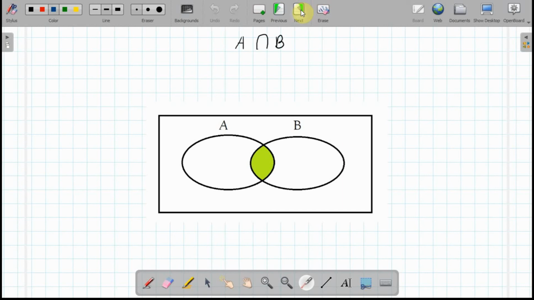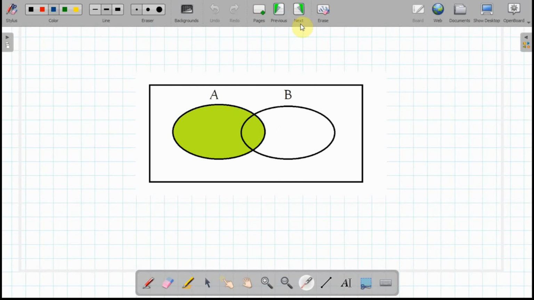So union, it can fulfill either one of the conditions, A or B, and intersection has to fulfill both the conditions A and B at the same time. If you look at this particular diagram, now this one's not labeled on purpose. So the shaded part is just the set A.